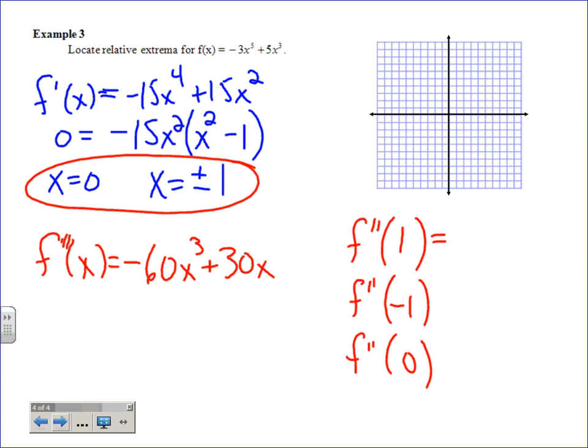If we put 1 into the second derivative, 1 to the third is obviously 1, so that's negative 60 plus 30, which is negative 30.